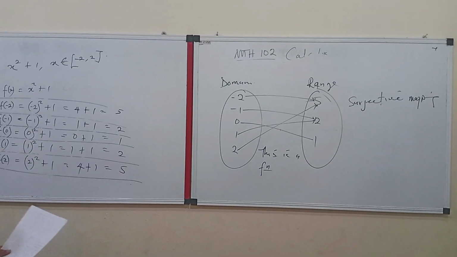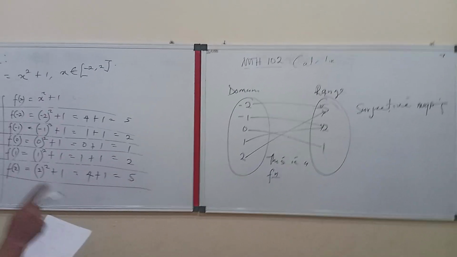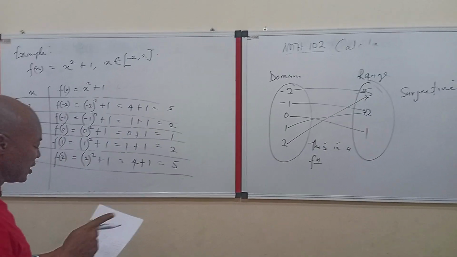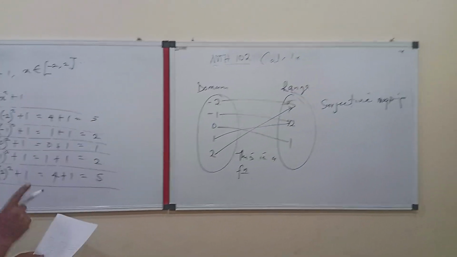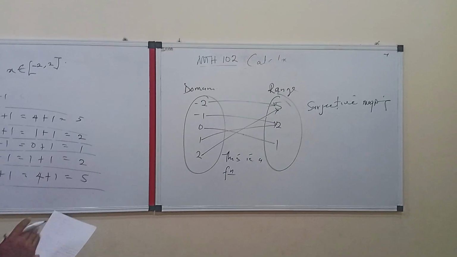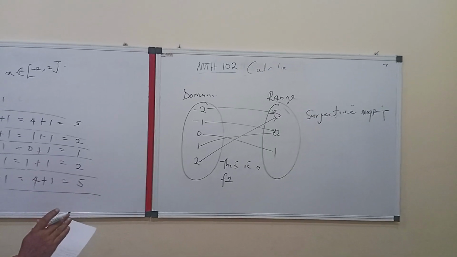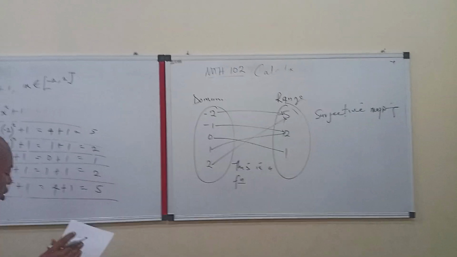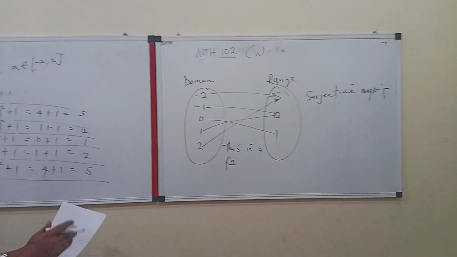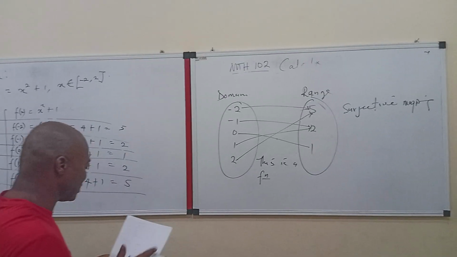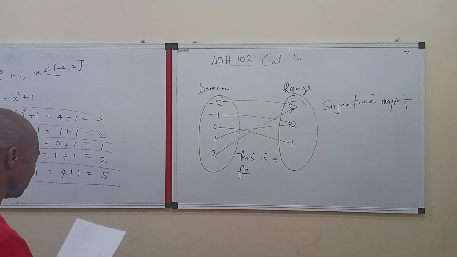It's a surjective mapping. So we have concluded that it's not injective, but it's a function because all the domain values are mapped out. The relation is a function, and all the elements in the range are mapped, and this one we call a surjective mapping.